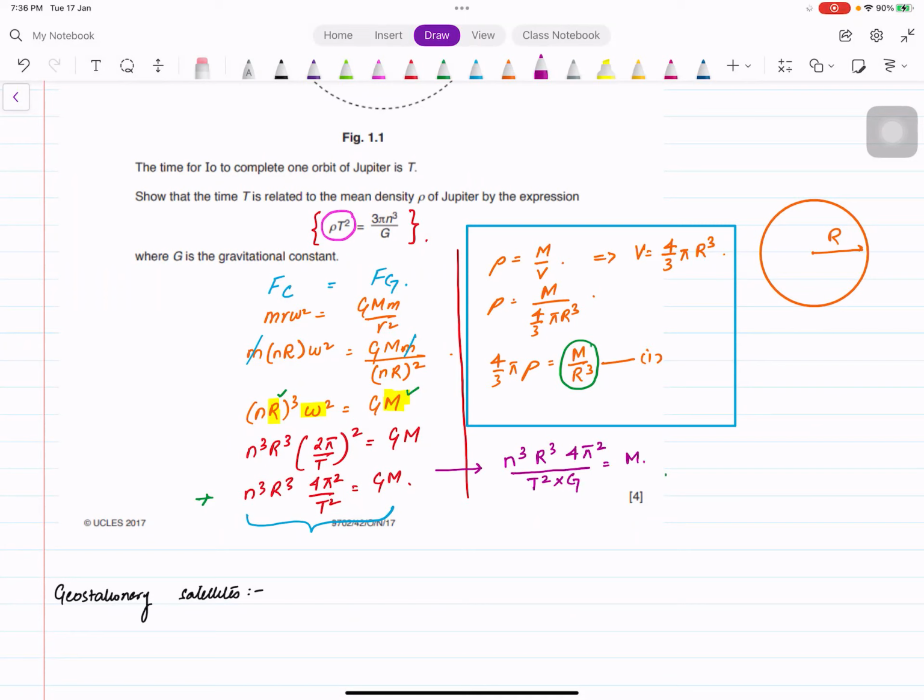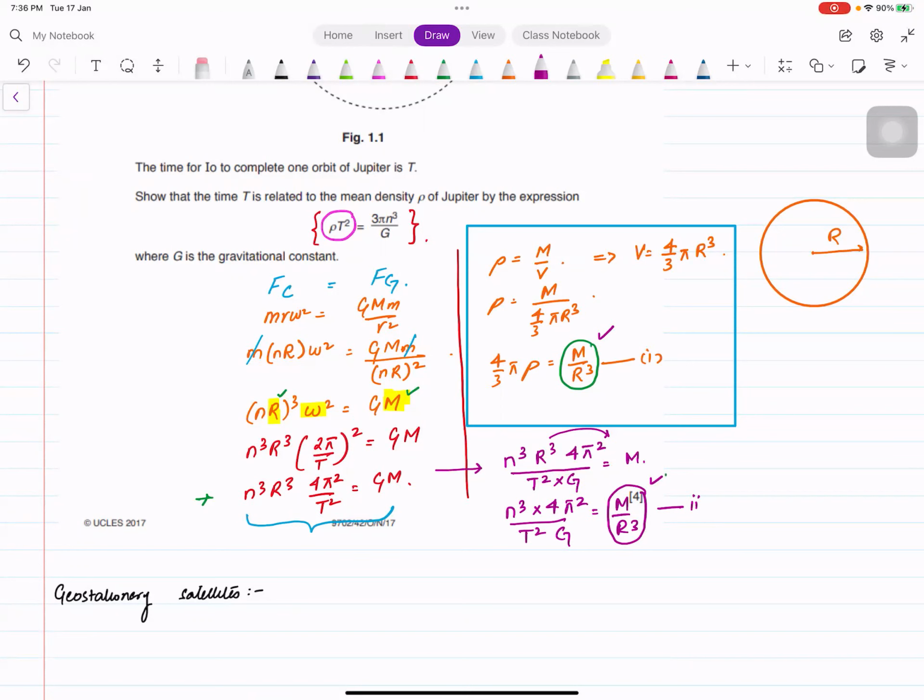And if I want to take r on that side, then can I write it as r cubed times 4 pi squared divided by r cubed? I'm just going to divide, right? Yes, exactly. If you look at this section and this section, don't you think they are the same things? Oh, okay, I got it.